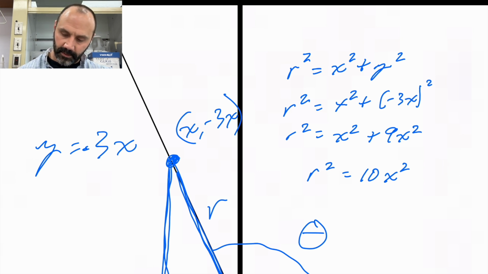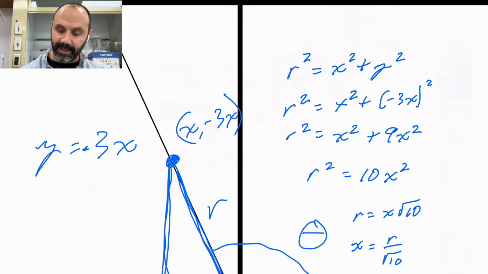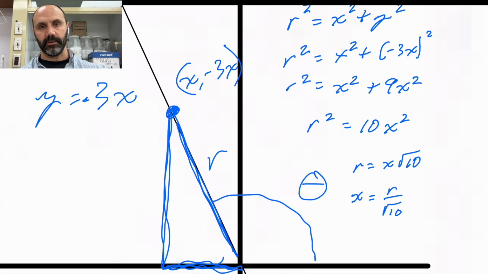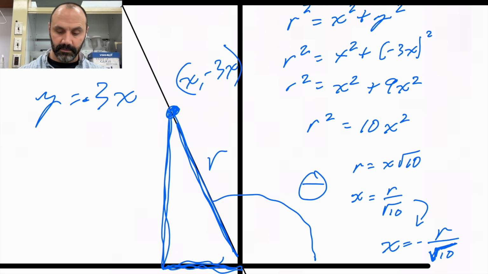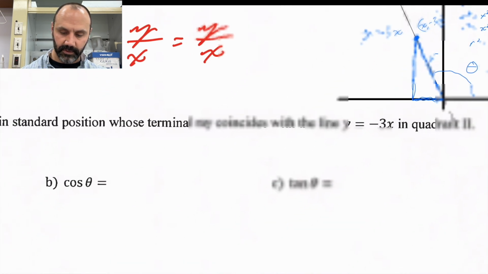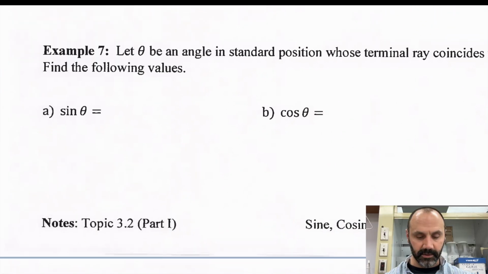That means that r is x times the square root of 10, and x equals r over the square root of 10. But I am in the second quadrant. I have negative values for x. So I'm going to transform this to x equals negative r over root 10 as I'm plugging in my values for solving these parts of example 7.